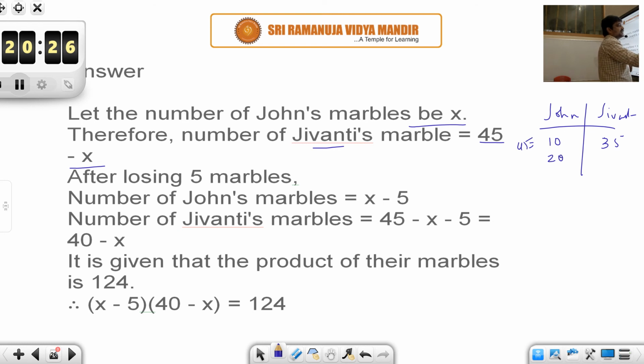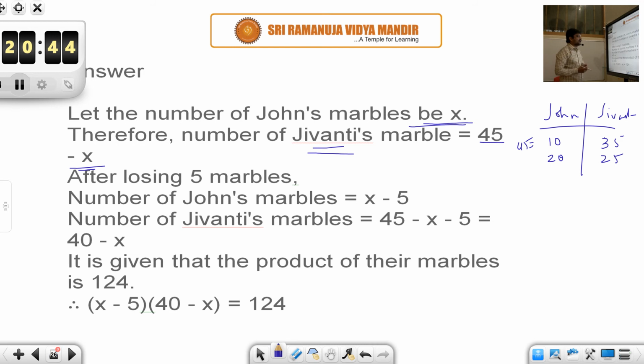If John possesses 20, Jeevanti should possess 25. So this is nothing but 45 minus the number of marbles possessed by John. So Jeevanti would have 45 minus X.